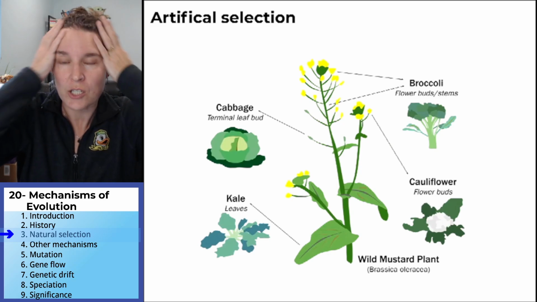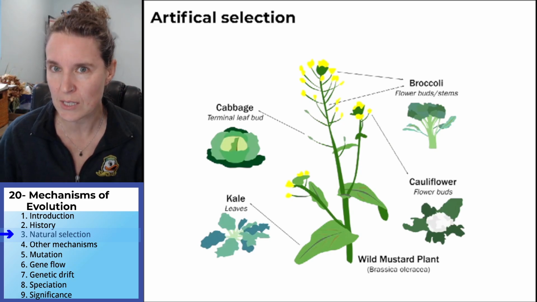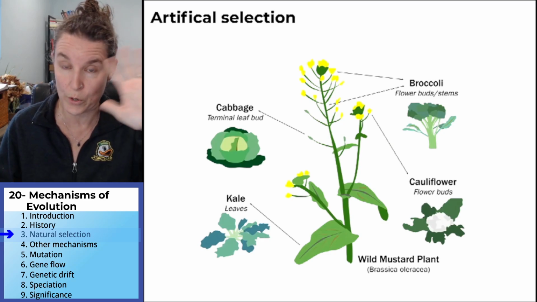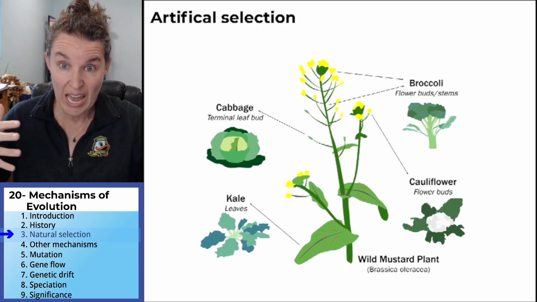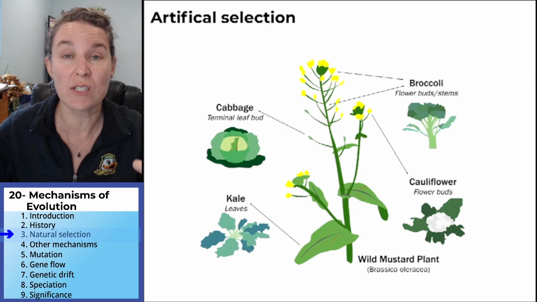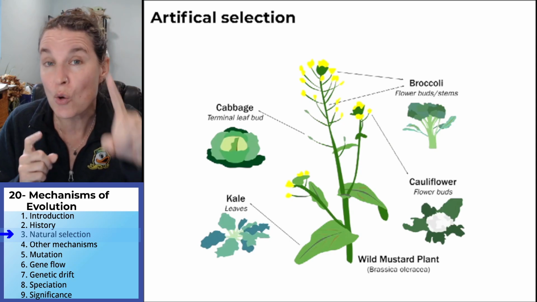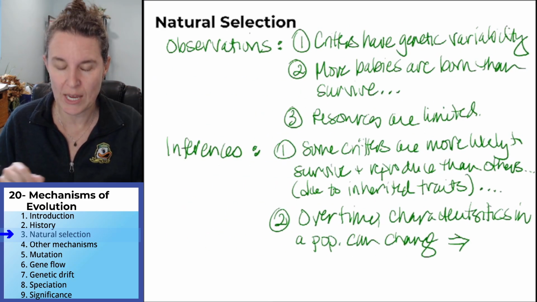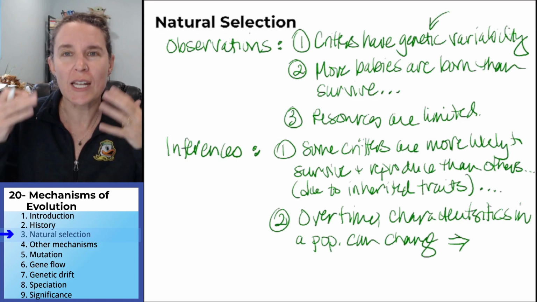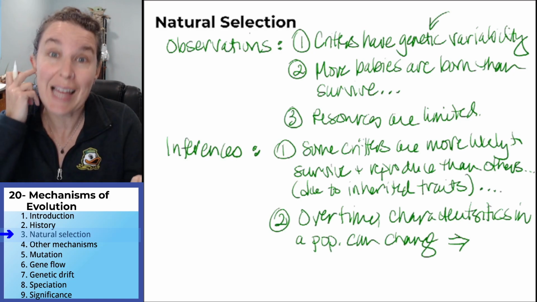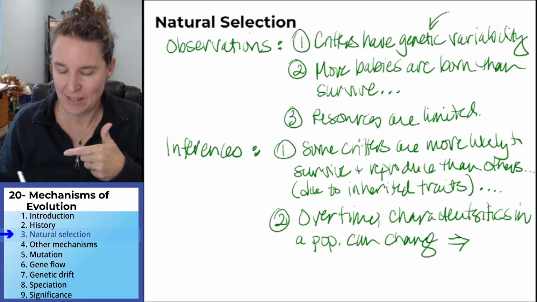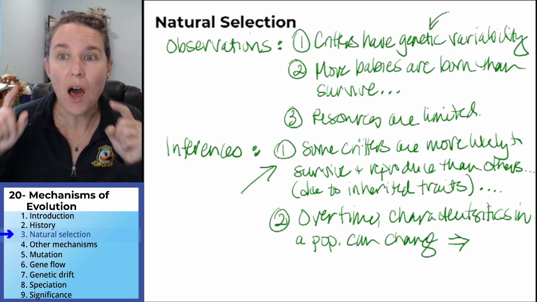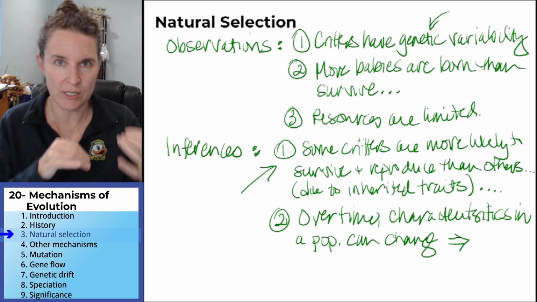If you start thinking about artificial selection that humans are responsible for, it's crazy. Dogs, cats, there's great diversity in form because humans picked what characteristics, what genetic variations we like, and then facilitated the survival of the critters who have characteristics that we like.